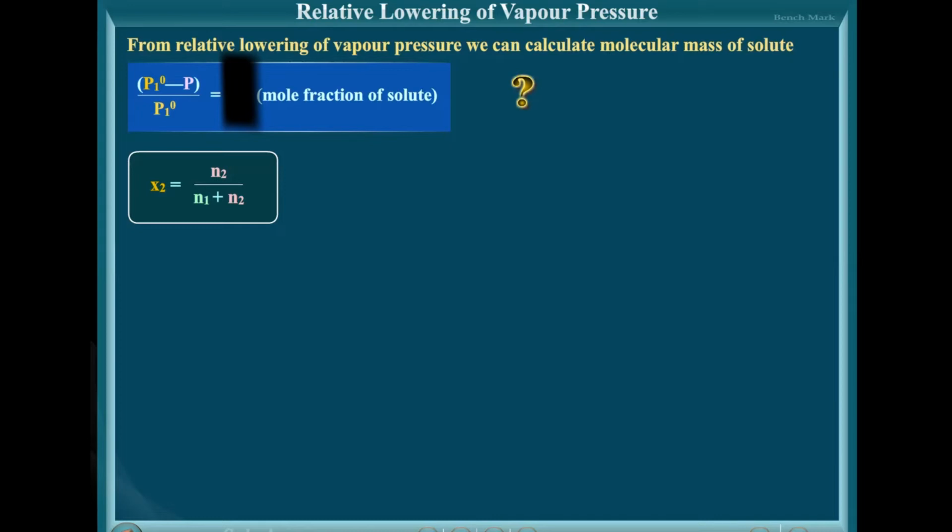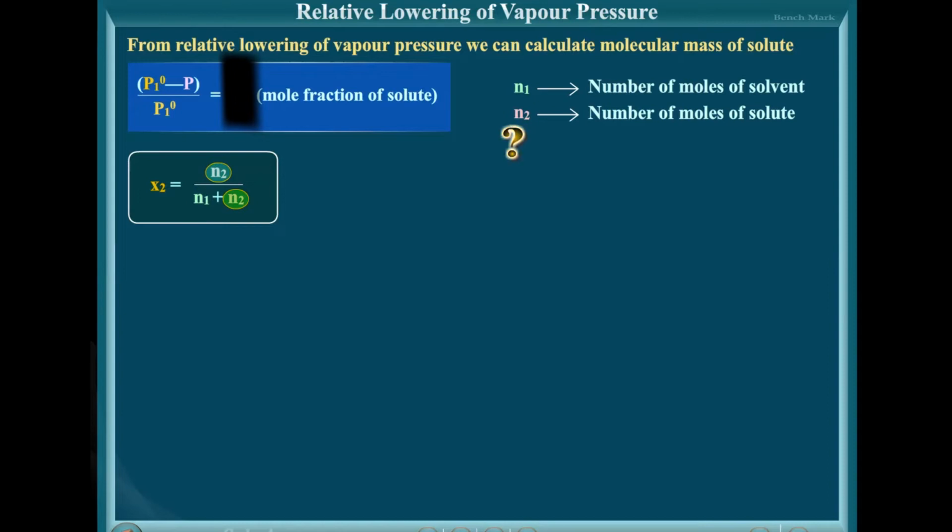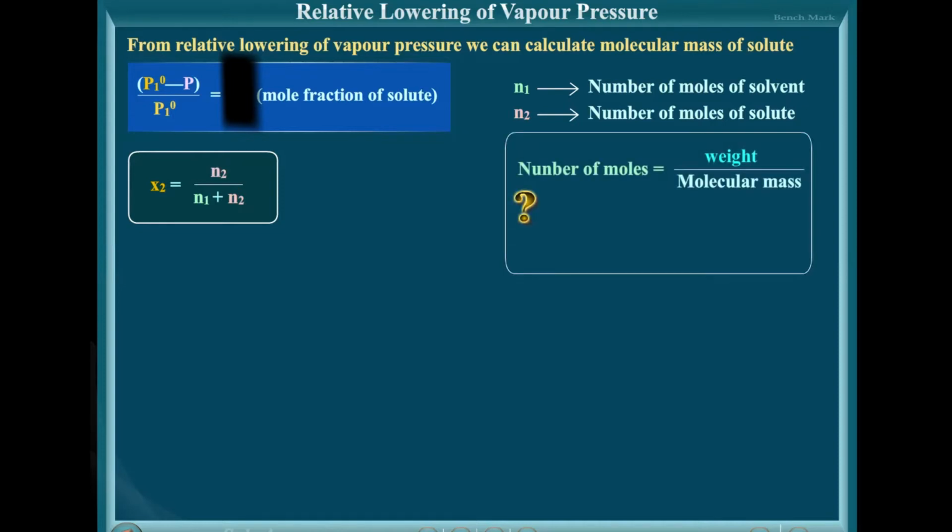X2 is equal to N2, the number of moles of the solute, divided by the total number of moles. N1, as you know, is the number of moles of the solvent. N2 is the number of moles of the solute. Number of moles is mass by molar mass. It is always better to say mass and not weight.